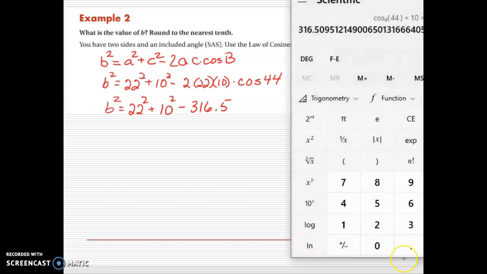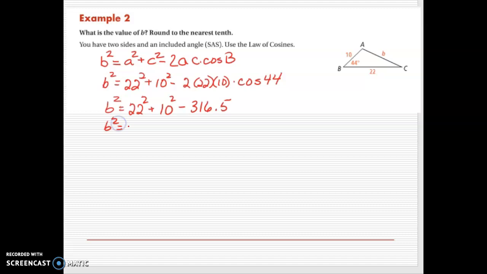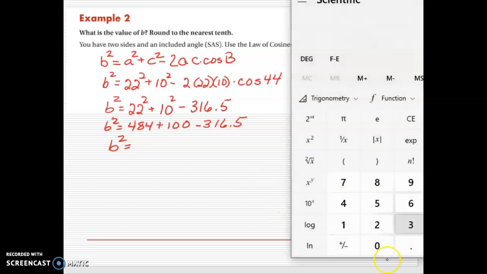Okay. 22 squared is 484, and I know 10 squared is 100. So I've got 484 plus 100 minus 316.5. You get 267.5.